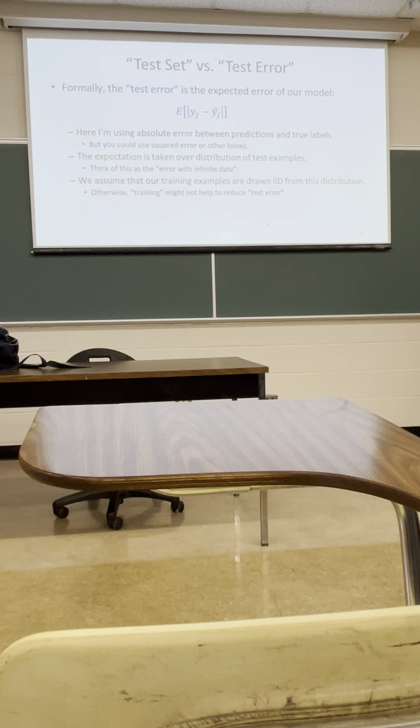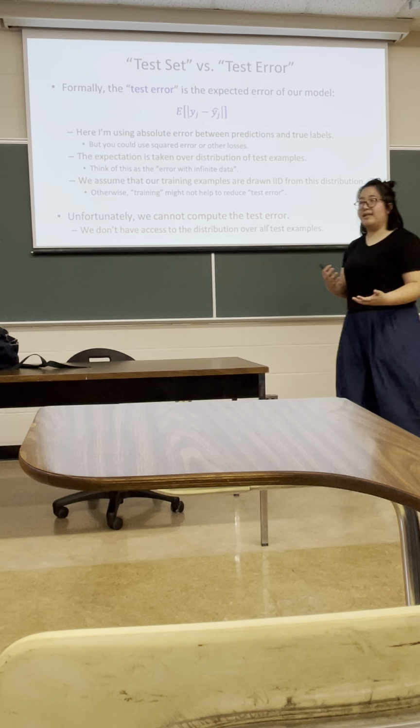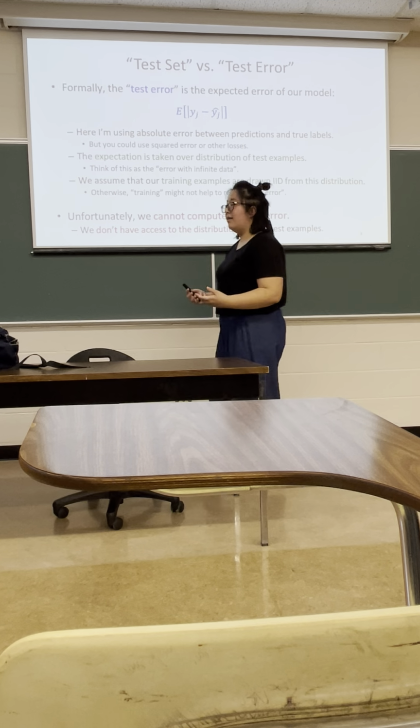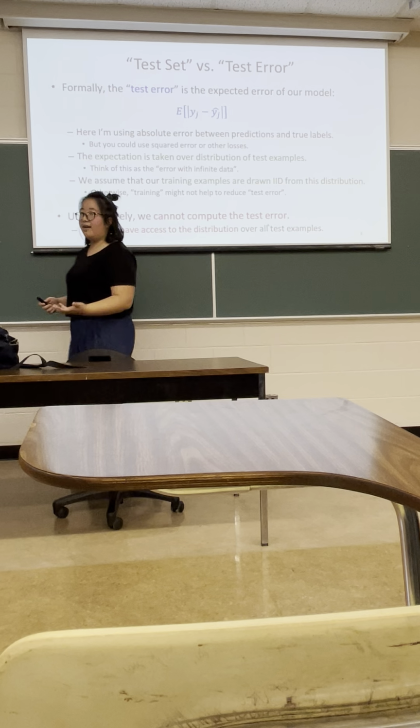But of course it should be of your research interest, of the problem target. Otherwise the training cannot help you to have a good test error. Because of the nature of this test data, which does not have labels, we can never calculate this error.